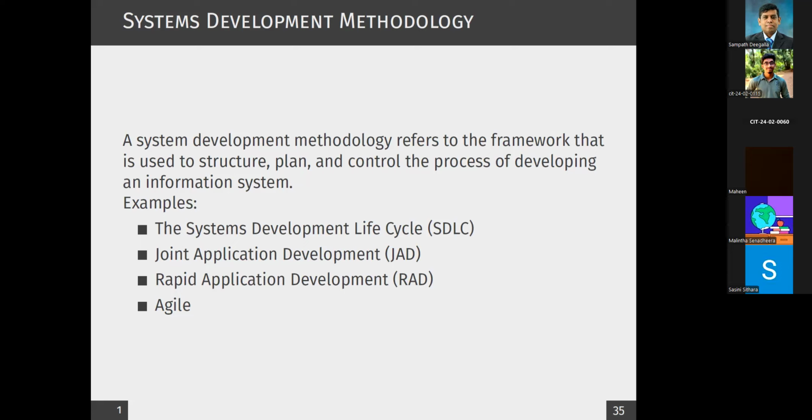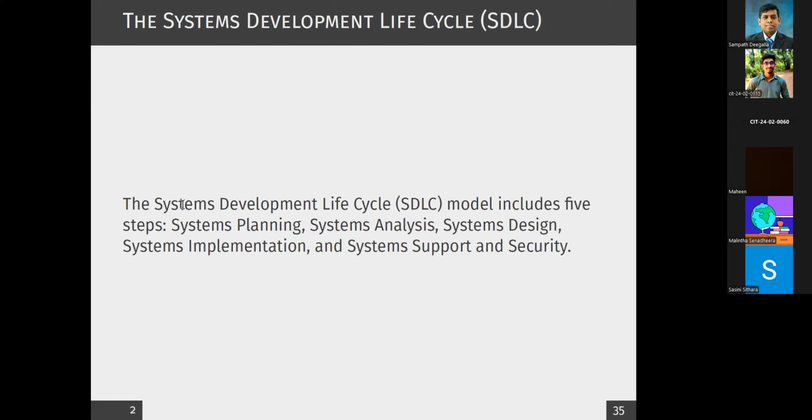When we talk about the system development life cycle, ideally we talk about 5 steps: systems planning, which is what we discussed last week, and this week the system analysis, then system design, implementation, and then system support and security. We will discuss in detail the tools and techniques we will use in each of these different phases.